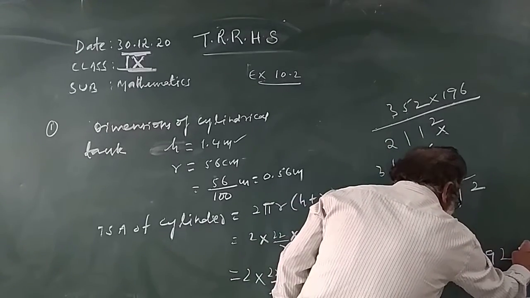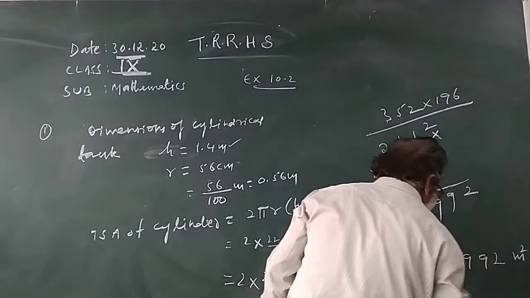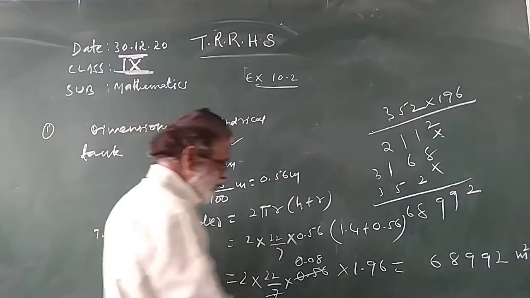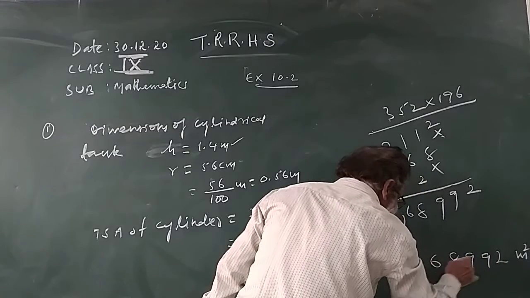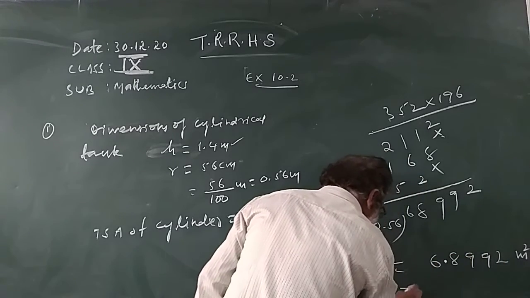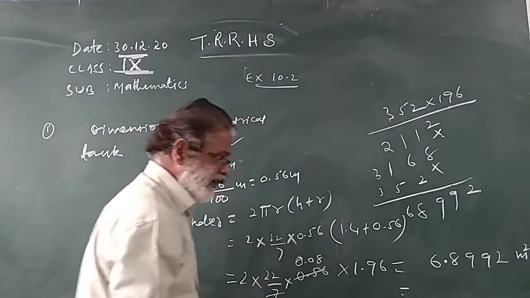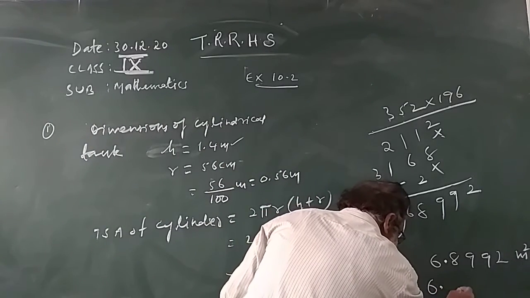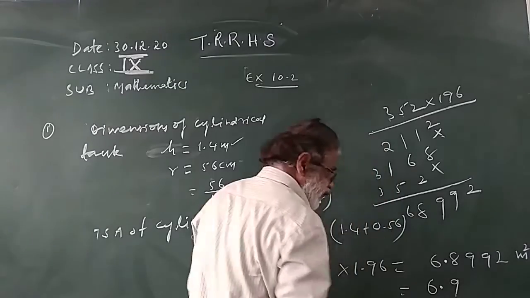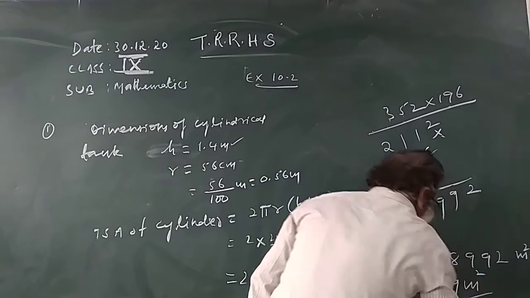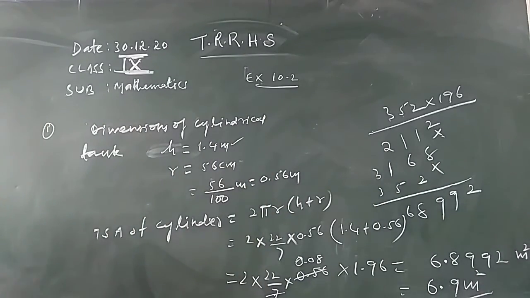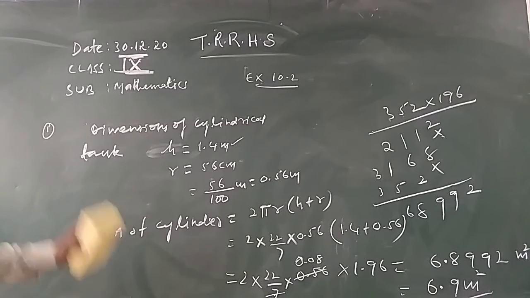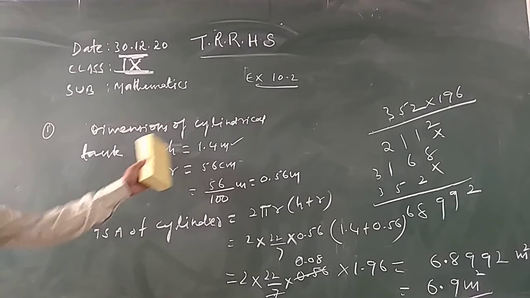This is in square meters. Now the decimals: here 2 decimals, here 2 decimals, totally 4 decimals, so 6.8992. You can correct it up to 1 decimal, 6.9 square meters. This is how much metal sheet is required: 6.9 square meters of metal sheet is required to make the cylindrical tank.